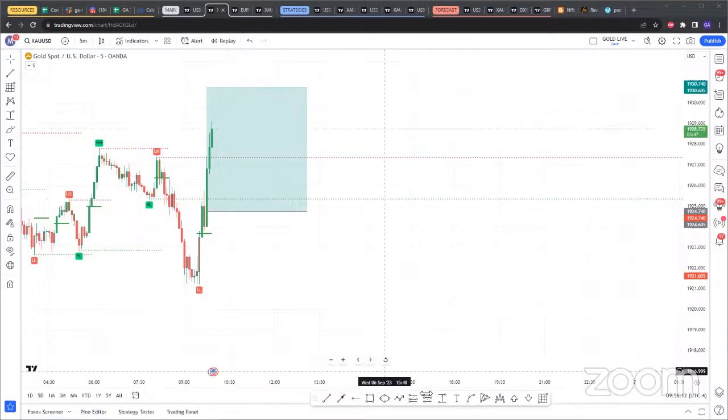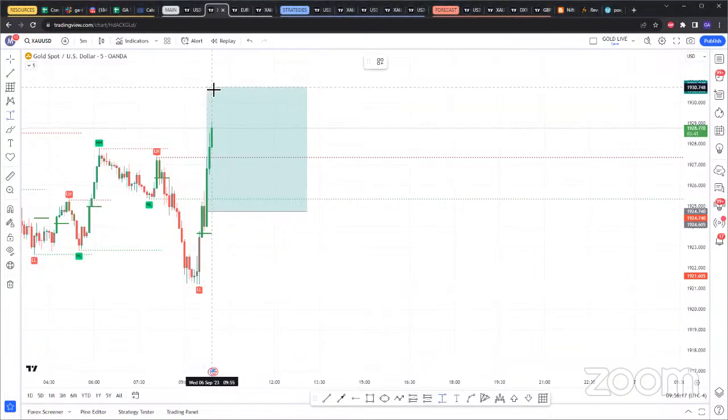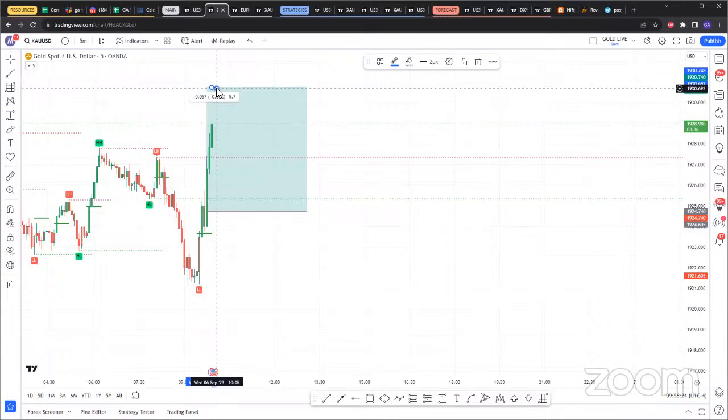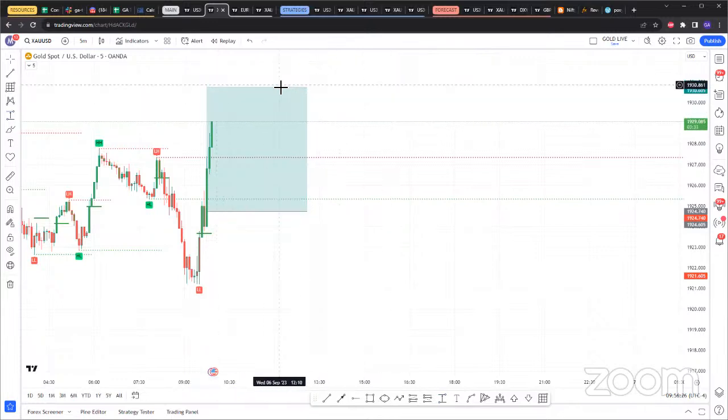So we have about how many more pips to go? $20 more pips to go to full TP. So let's see if we can get that.